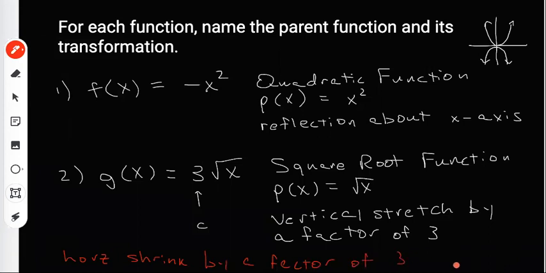So I could also say that, and I would be correct in both ways. So for each function they give us, we need to name the parent function and we need to name the transformation. Let's look at the next one.